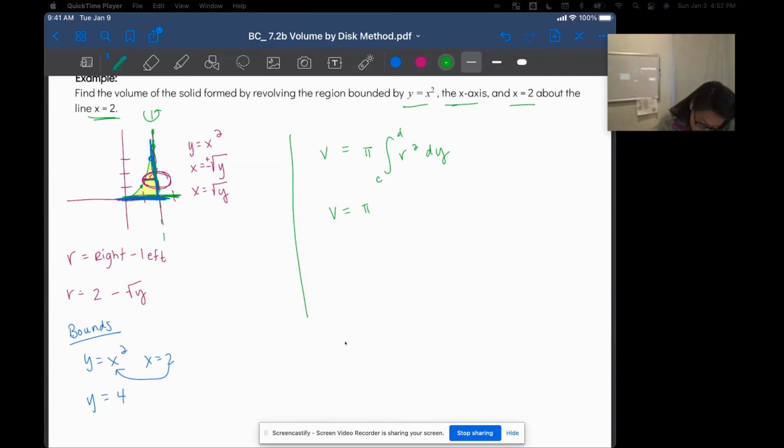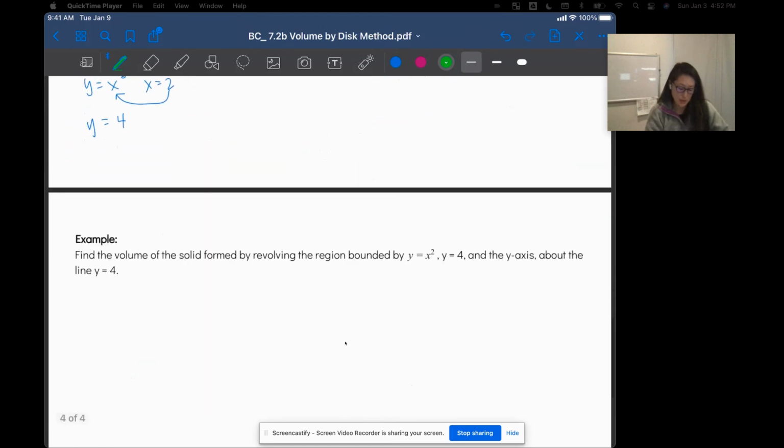So I'm going to have the bounds from 0 to 4. My radius is dictated by 2 minus the square root of y, squared, dy. And we get my handy dandy calculator out, and get 2.667.